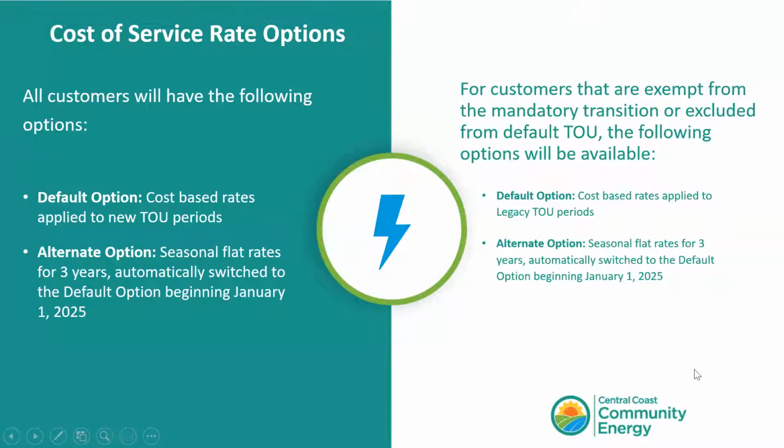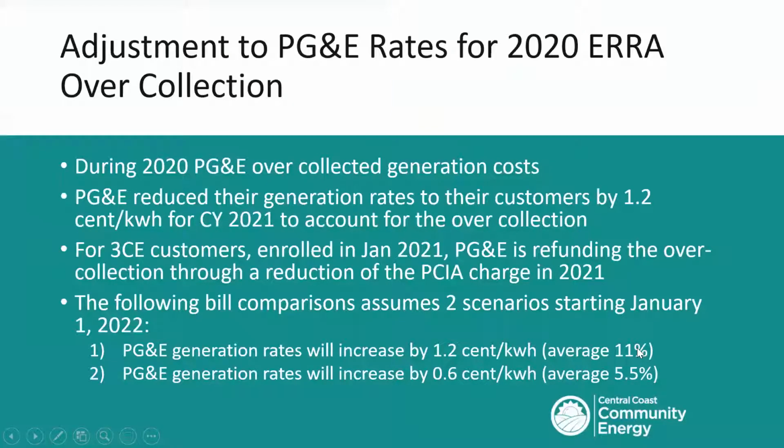The default option will be based on the legacy or existing time of use periods, and we'll have rates for those. The alternative option for those customers will be a seasonal flat rate as well. But again, similar to the majority of customers, it'll be available for a 3-year period. At the end of that 3-year period, you'll then switch over to the default option. Next slide, please.